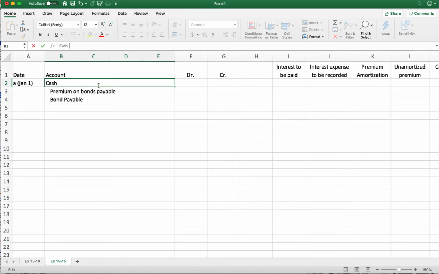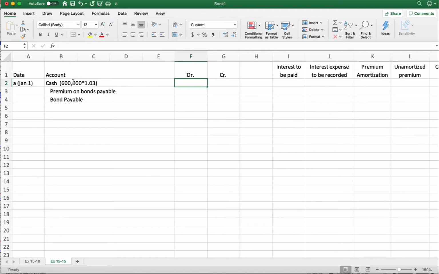We calculate $600,000, the face amount of the bond, times 1.03, or 103%. Run the numbers at $618,000. I need to credit bonds payable for the face amount of $600,000. The difference is the premium on bonds payable, $18,000.